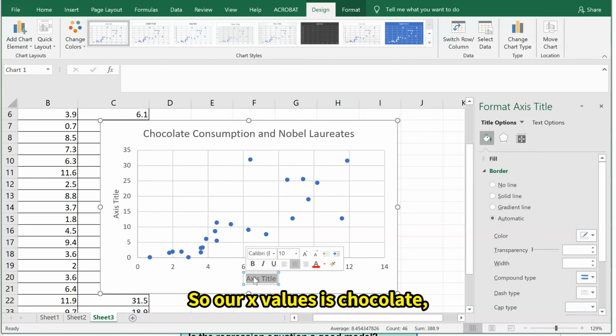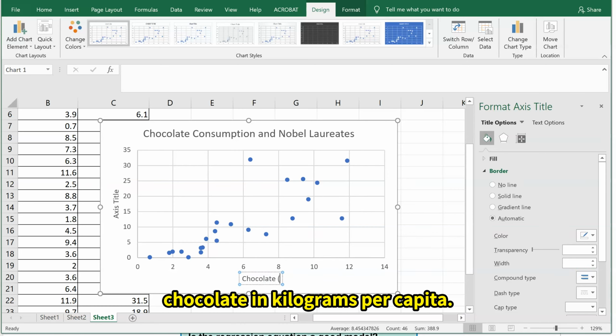So our x values is chocolate in kilograms per capita.